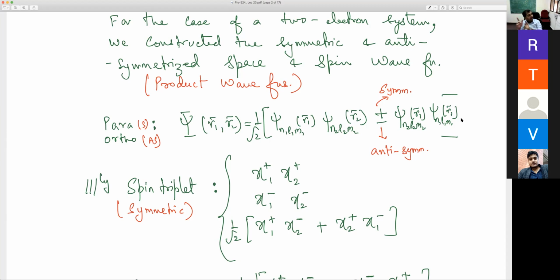So I should be able to interchange r1 and r2 without any consequence to the physical wave function. The wave function itself is not a measurable quantity, so I can still pick up a phase, but any physically measurable quantity should have no consequence from interchange of particles.